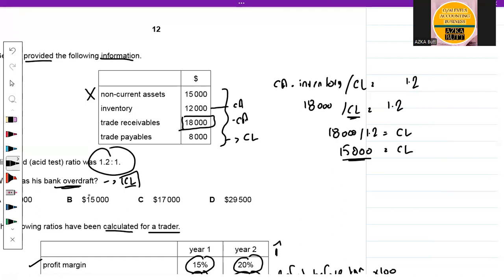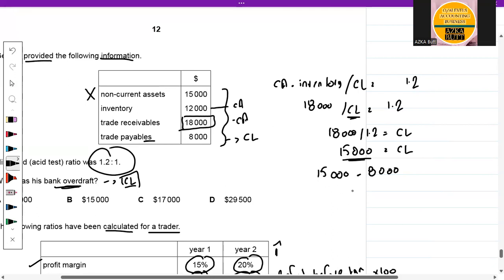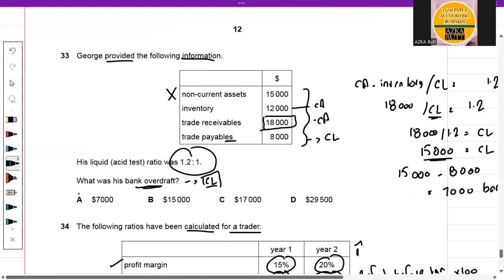If you want to find the current liability only in the form of bank overdraft, you have trade payables, and if the total liability is $15,000, minus $8,000 from it, the remaining current liability would be your bank overdraft. So $7,000 would be your bank overdraft. So A option is the right option.